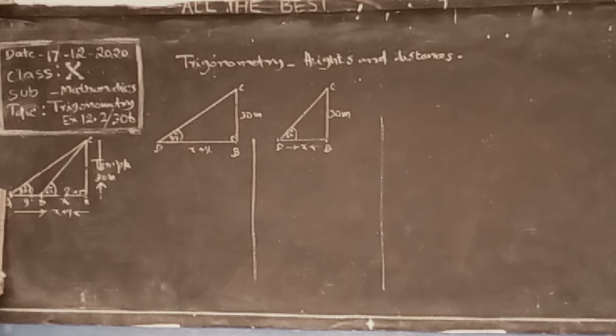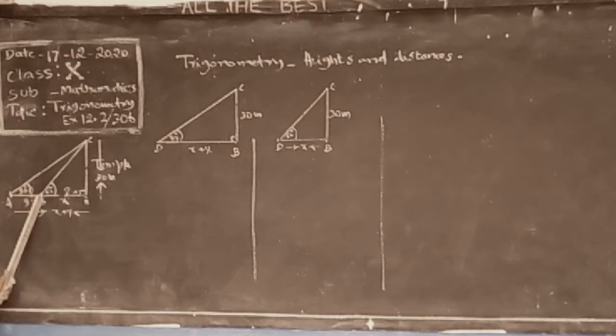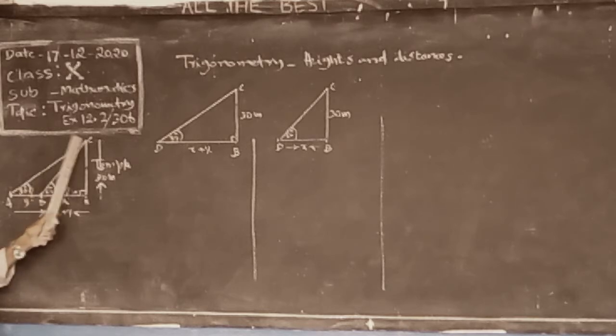The person is at A. He observes the top of the temple crown at 30 degrees elevation angle, and he moved front towards the temple, and at D observes the top of the tower with an elevation angle of 60 degrees.